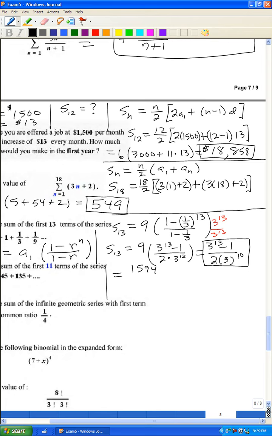So that's equal to 797,161 over 3 to the 10, which is 59,049.